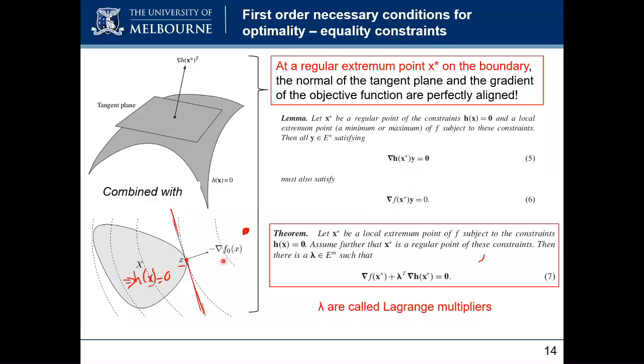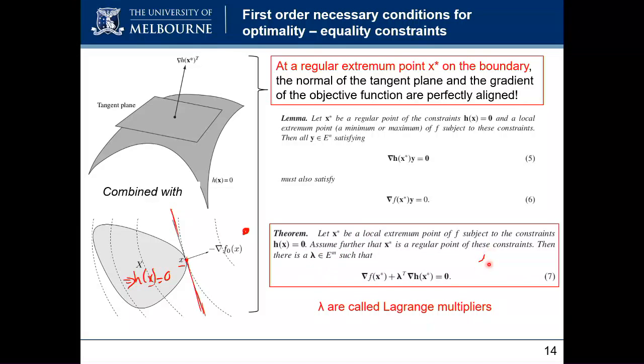Therefore, if they are aligned, you can actually put a linear relationship between them, and write it as gradient f at x star equals some lambda times gradient h at x star. That's actually this equation. And lambda is in R, or R to the m, so that's a Euclidean space.